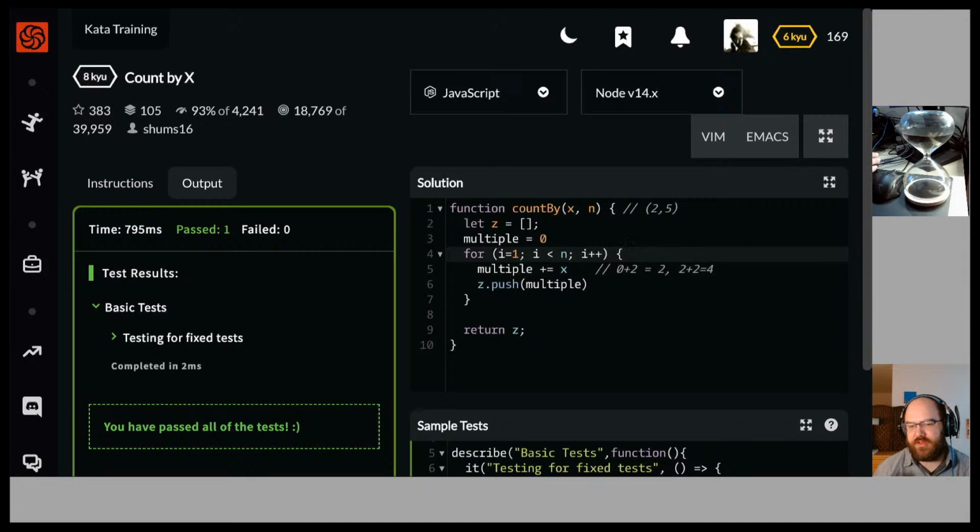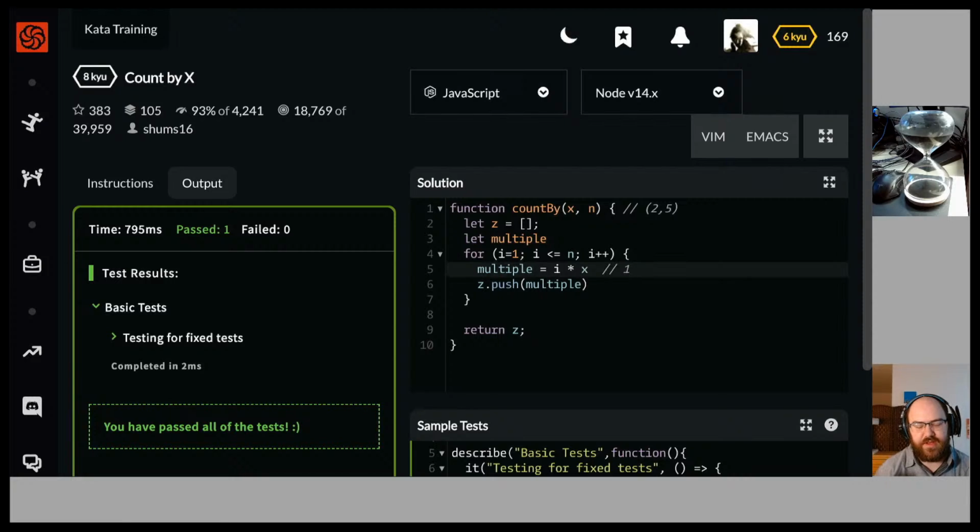But I think I'm going to do this in a different way. Because the alternate way we could do this is to say that multiple equals i times x. And we can let multiple, and we don't need to give it any value because we're giving it a new value on every row.